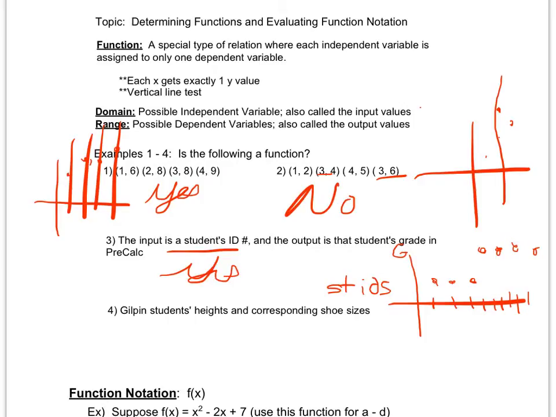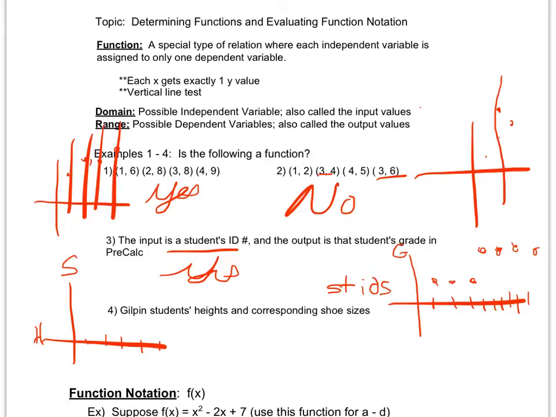If I look at Gilpin students' heights and corresponding shoe sizes, it sounds like I'm talking about their heights being the independent variable and their shoe size being the dependent variable. Well, if I started labeling everyone's height, we probably have more than one person who is, for example, say 5'7". That's a very common female height.